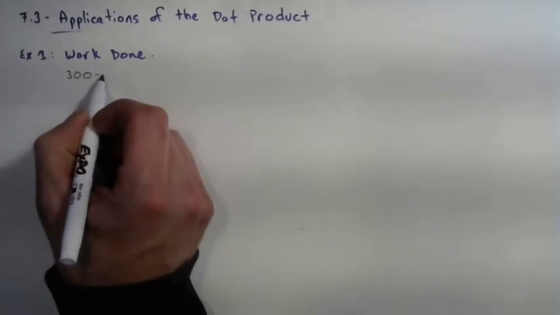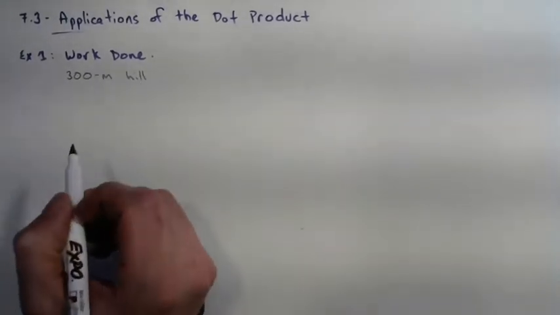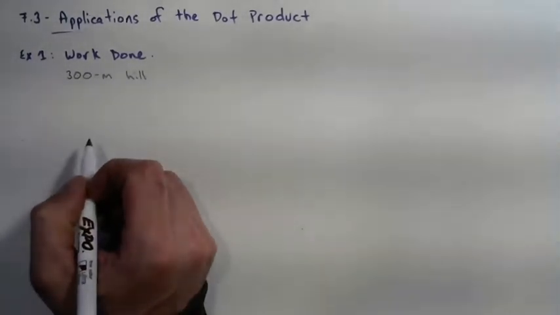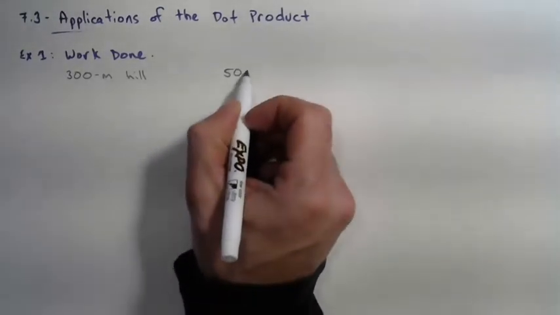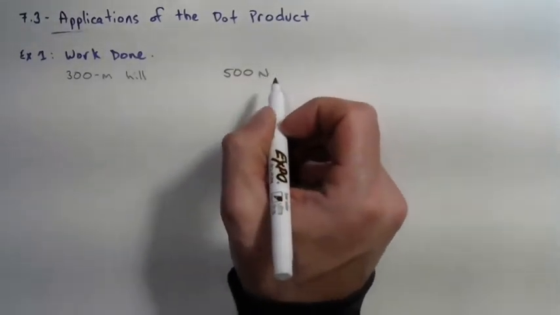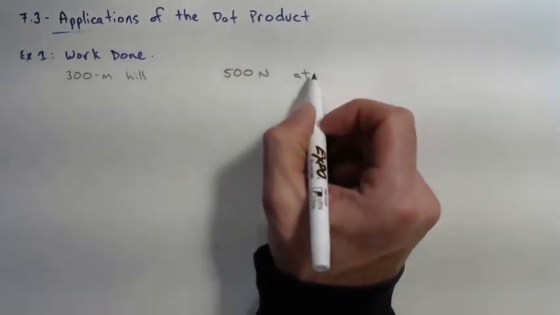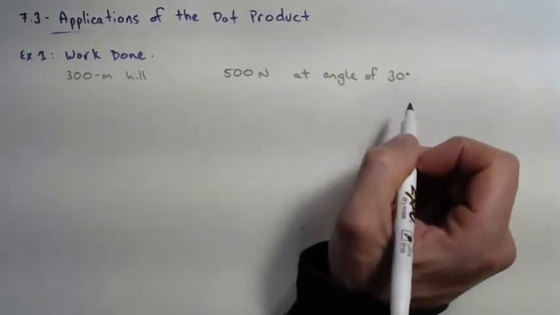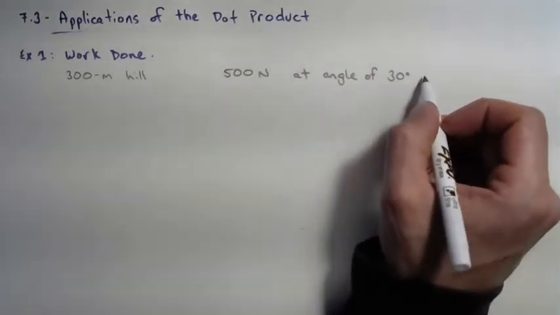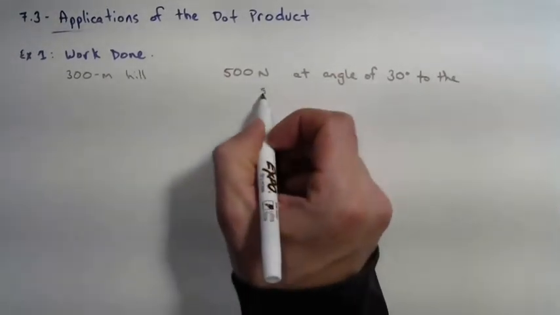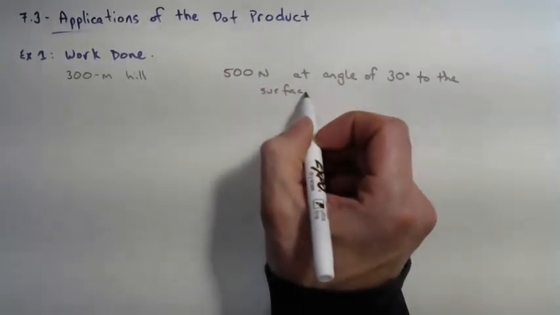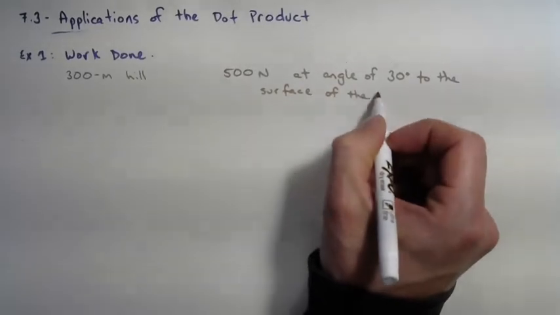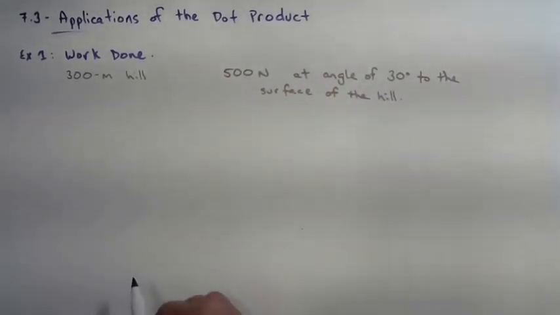So I'm just going to take notes on what I'm coming across in the problem. 300-meter hill with a constant force of 500 newtons applied at an angle of 30 degrees to the surface of the hill. We need to find the work done by Angela to the nearest 100 joules.